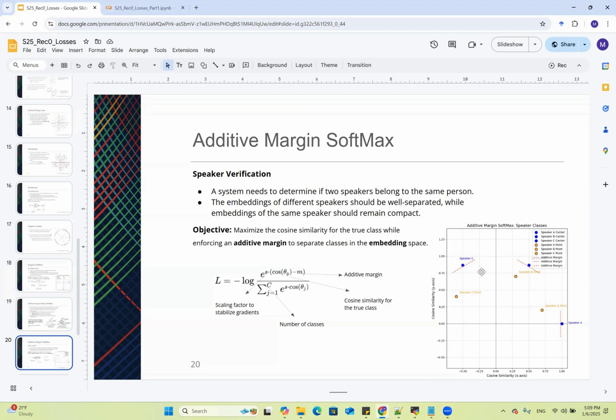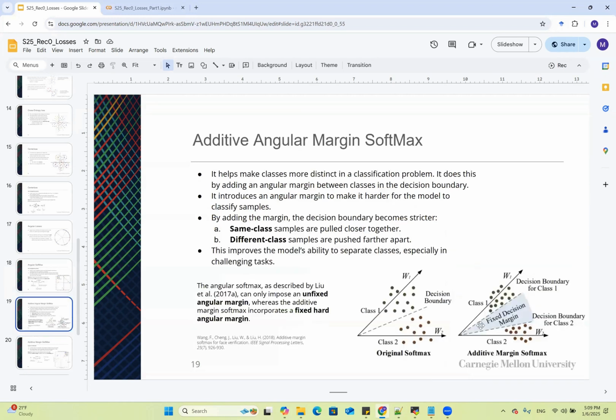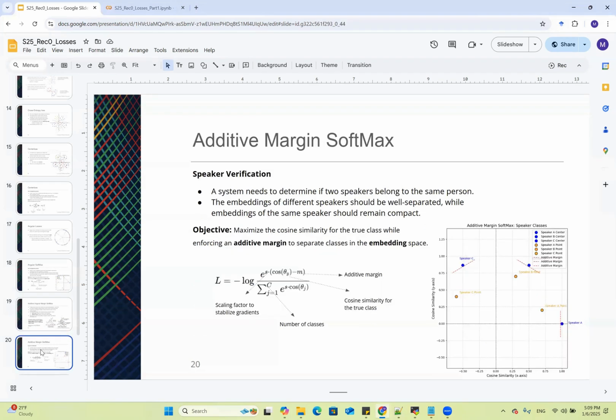The angular margin is an angle, but this is just a simple margin. This change should be reflected in the formula. For the additive margin, we just say minus m, but for the angular margin, we put the minus m inside the cosine.